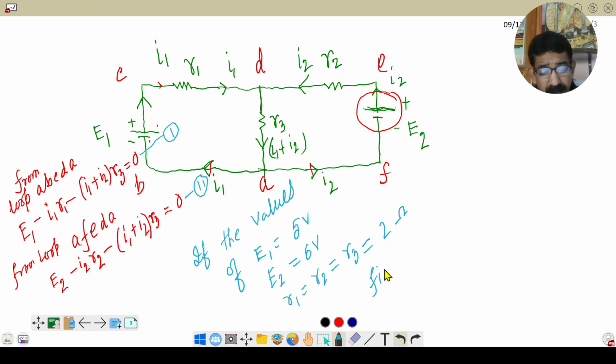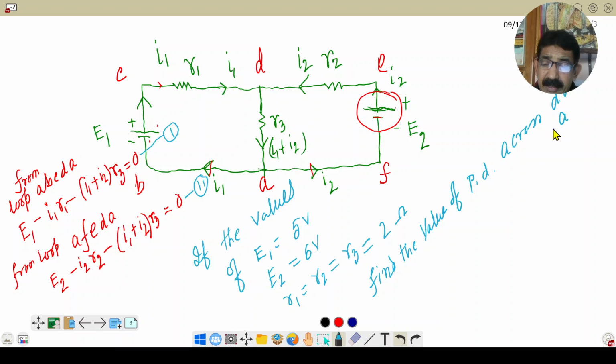Find the value of PD across B and A. Find the value of potential difference across D and A. We have to determine the potential difference between D and A. So this is the problem.